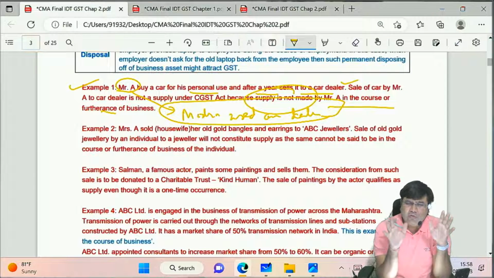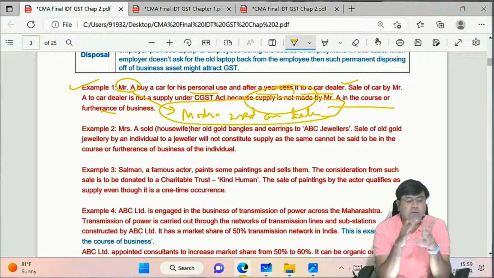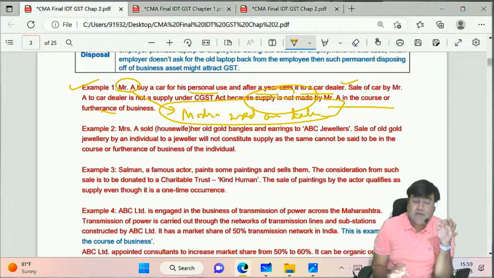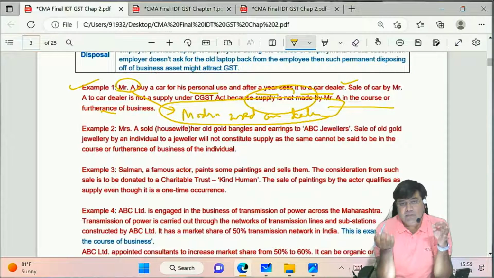Everything is mostly included in person. So both the conditions are satisfied. Then we are going to check consideration is there, in the course of furtherance of business. Of course, this is the business of the modern used car dealer. It is in the course of business, not furtherance of business. So it is going to be a supply subject to GST.